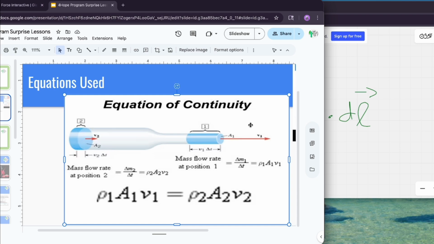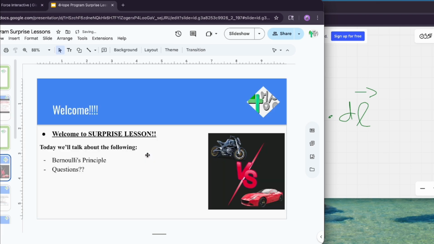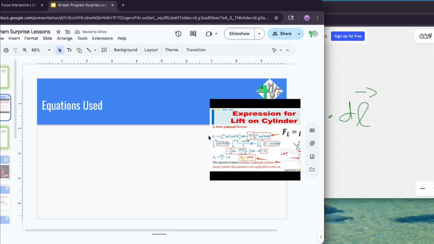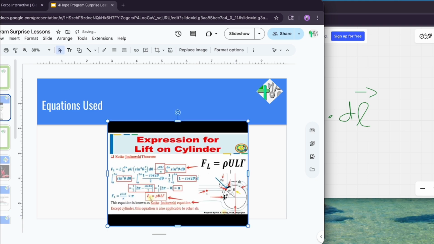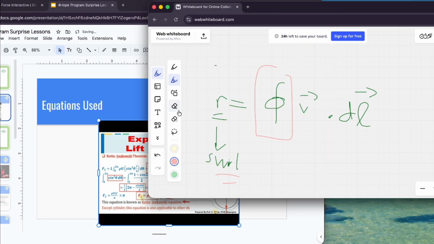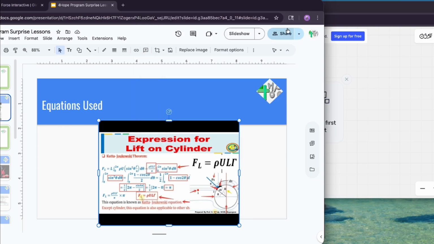The next equation I want to show you guys now is, I think we might have only one equation left, if that's the case. Yes. This is the expression of the lift on a cylinder. This is a very, very complicated equation, so we'll just simplify this for you guys.